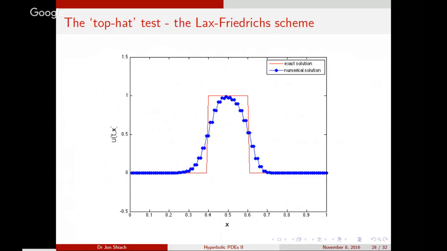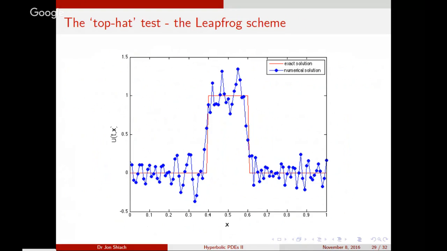So that's no good because, again, it hasn't resolved that corner. Next one was leapfrog. Bloody rubbish. All over the shop, because of these abrupt changes in gradient that caused it to go a bit doolally. So we can't use leapfrog to solve this.